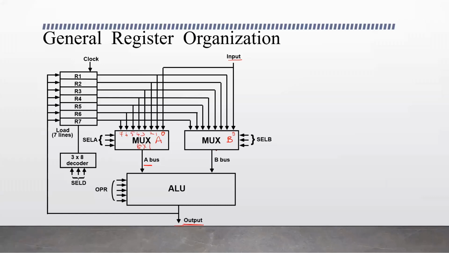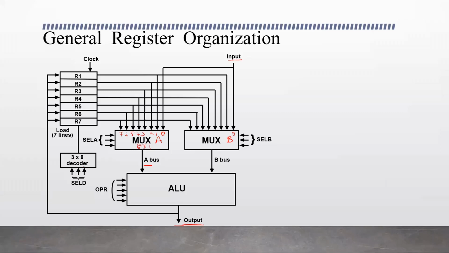So multiplexers A and B need to select one of those inputs, and the ALU needs to select one of the operations that needs to be performed. And after processing, the output is given back to the registers, to store it back.